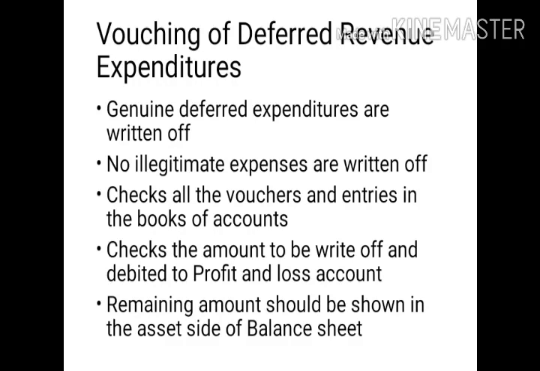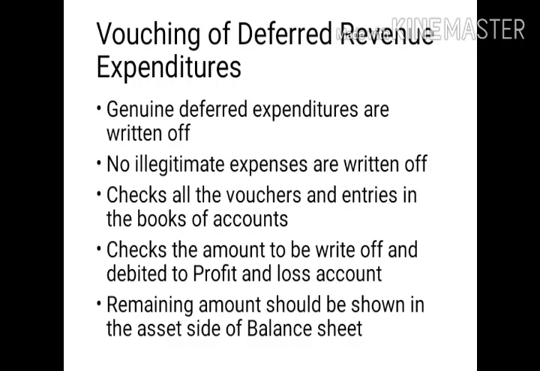So the duties of an auditor with reference to deferred revenue expenditures are as follows. The first one is that the auditor should see that the deferred expenditures which are going to be written off must be genuine in nature, and the auditor must check whether they were actually incurred or not.